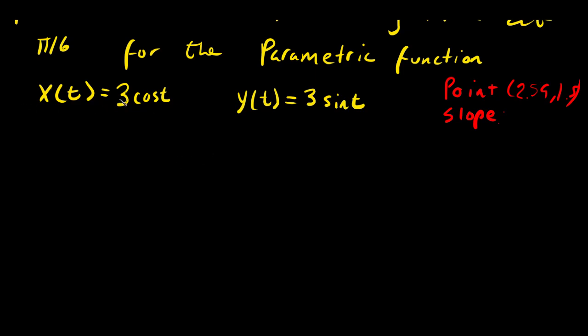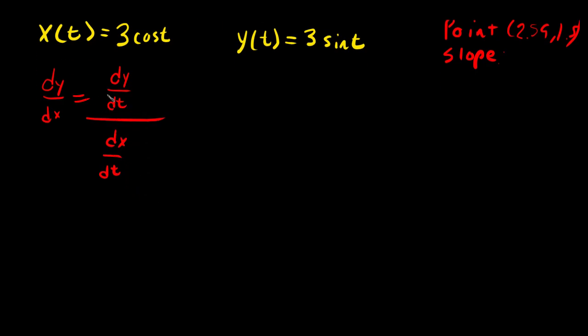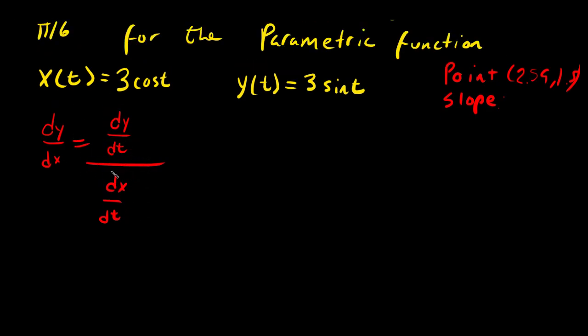So we need both of them, because it's our rate of change in our y coordinate over the rate of change in our x coordinate. So dy dx is equal to dy dt over dx dt. This is a formula that you have to memorize. It's really not that bad.